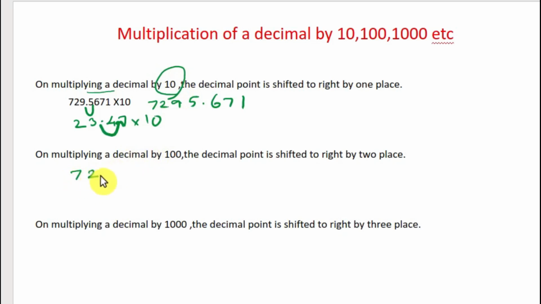For example, on multiplying a decimal by 100, the decimal point is shifted to the right by 2 places, from here to here. So 7293.45. Understood? Next one.